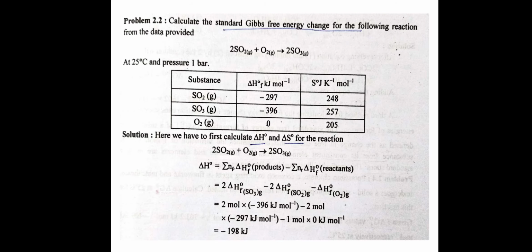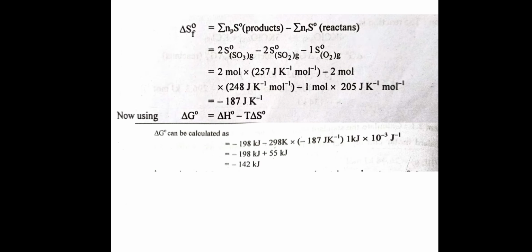So we have delta H0 minus 198 kilojoule and delta S0 minus 187 joules per Kelvin. Our formula to calculate delta G0 is equal to delta H0 minus T delta S0. So it is equal to, our delta H0 value is minus 198 kilojoule minus temperature 298 Kelvin.